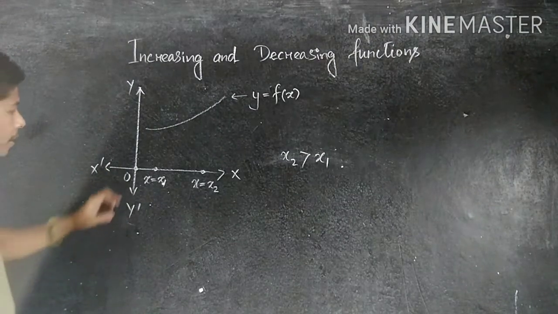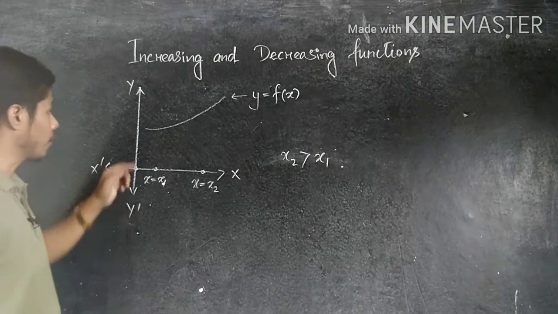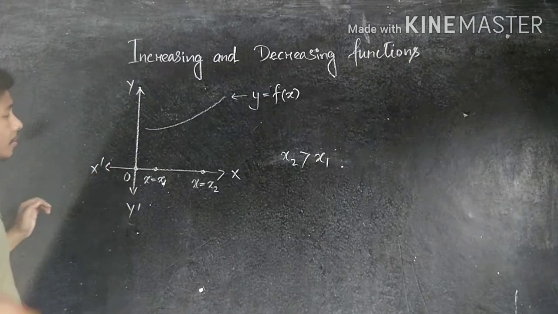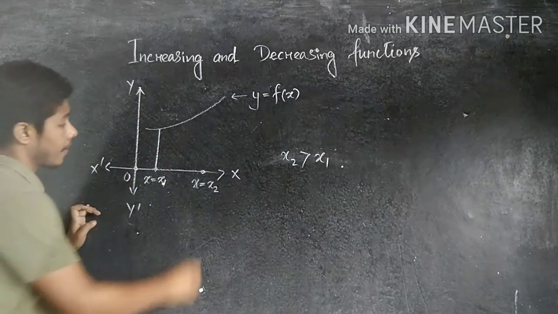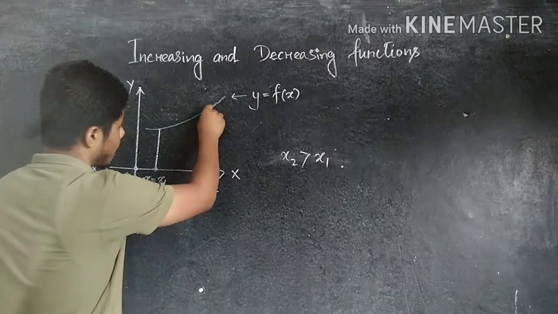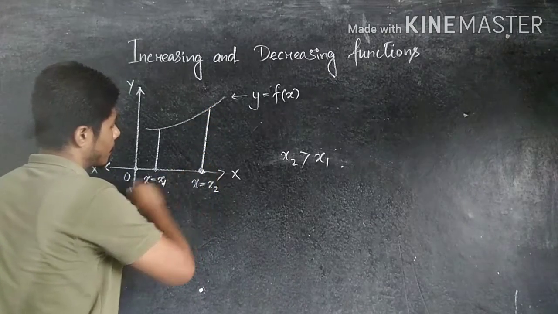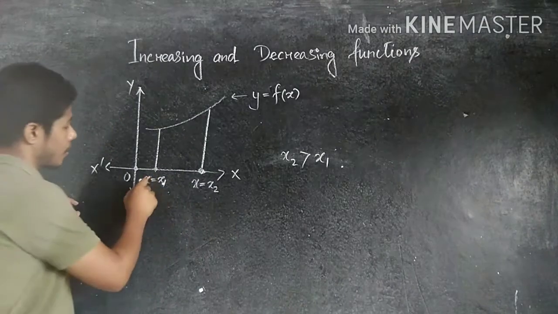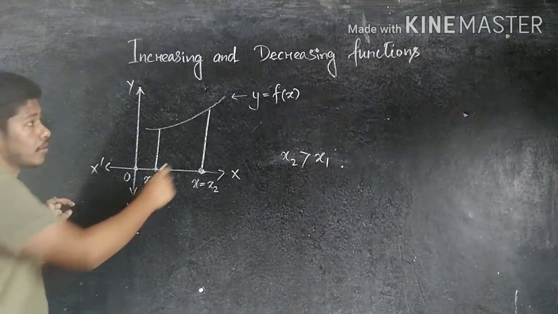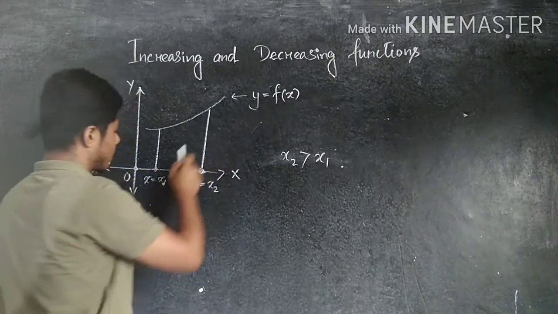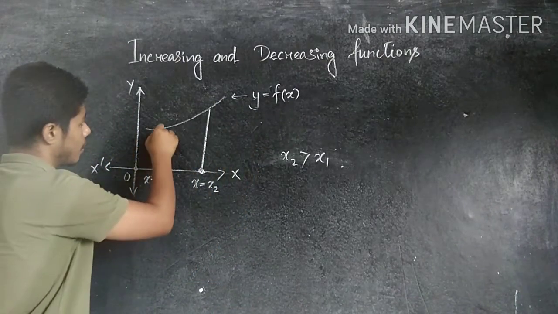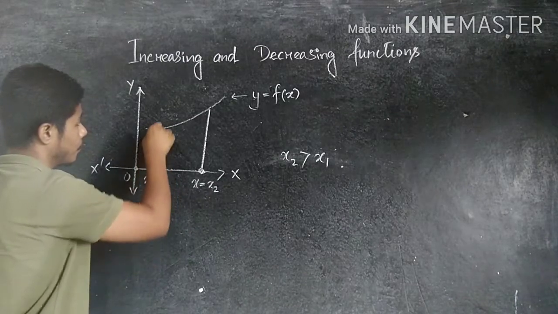Now if we draw perpendiculars from this curve, one perpendicular here, and another perpendicular for this point. The x coordinate we consider is x1, and the curve is y equals f(x). So if x equals x1, what is the length of this line?